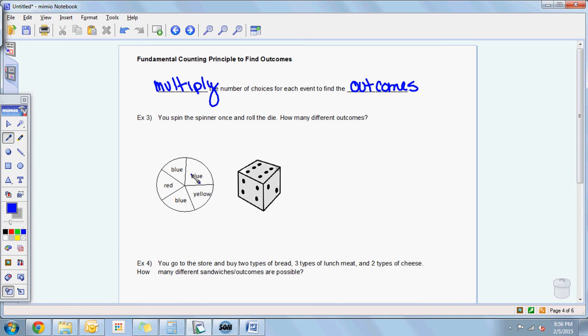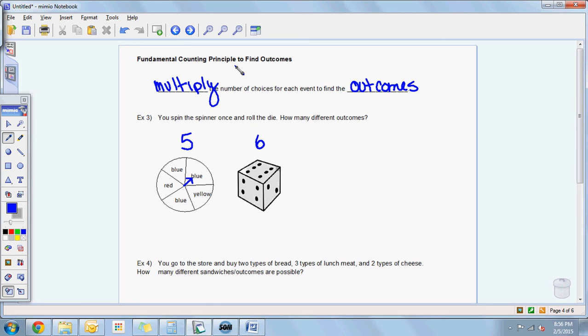So let's take this scenario. We have a spinner, so remember we're going to spin that arrow, and we have a die. So how many different outcomes? So instead of doing the tree, which takes a little bit of time, we can count up the number of outcomes on this spinner and the number of outcomes on this die, and we're going to multiply those together, okay? So we have 1, 2, 3, 4, 5 different outcomes on the spinner, and on a die we have 6 different sides.